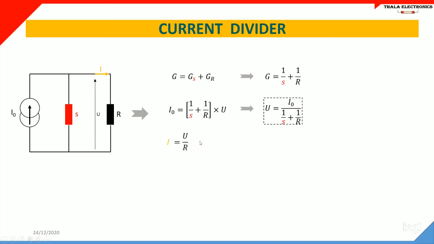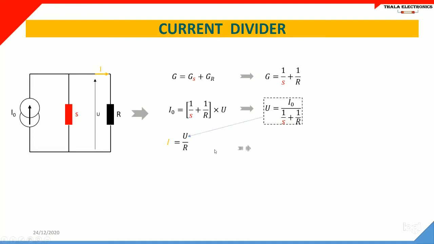Now, the current flowing through our resistance R, I, equals U divided by R. Knowing the formula of U, the DDP, let's replace it in this second formula.